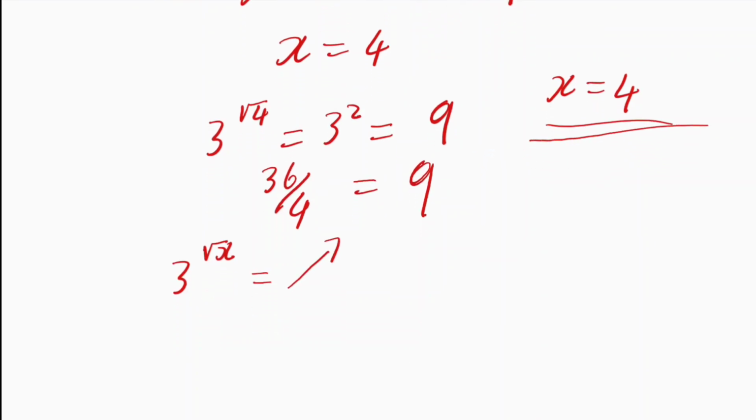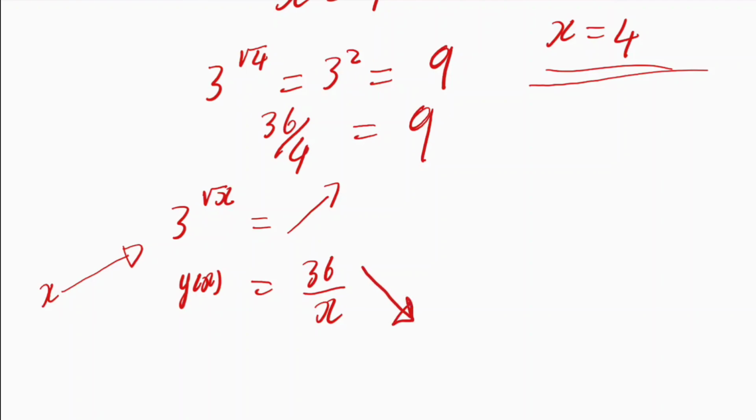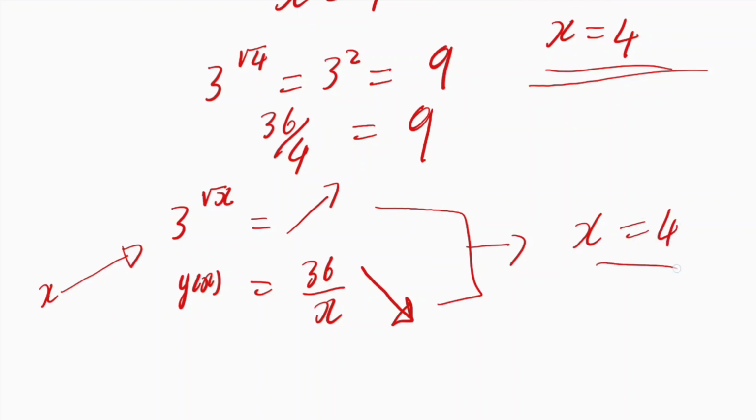And for the right hand side, let's say g of x equals 36 over x, as x increases, this function only decreases. That means these two functions only meet at one point. After that, as x is going up, the two are moving in opposite directions. That is why we say the only solution to our equation is x equal to 4.